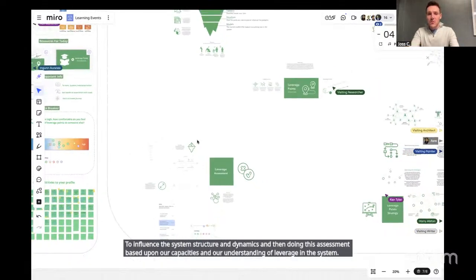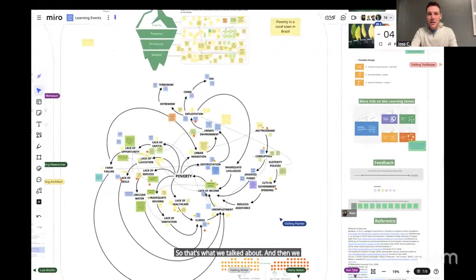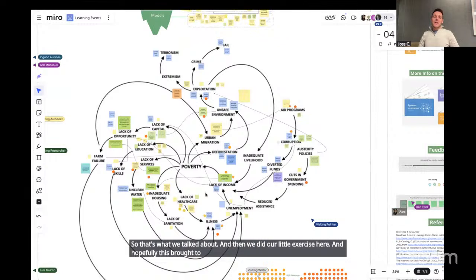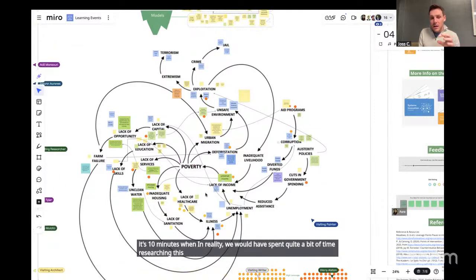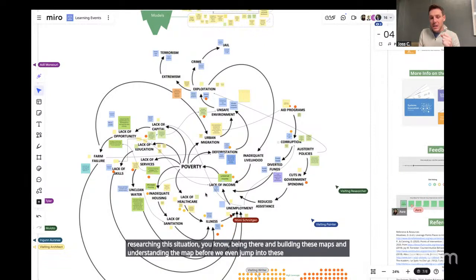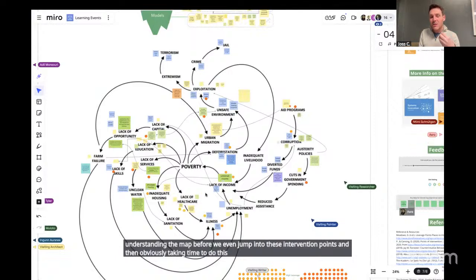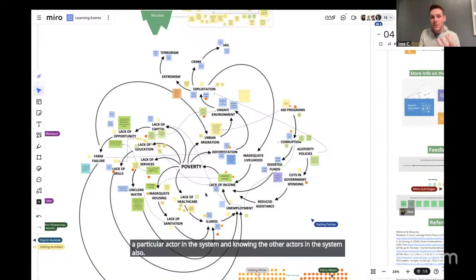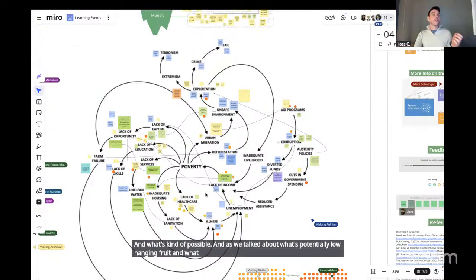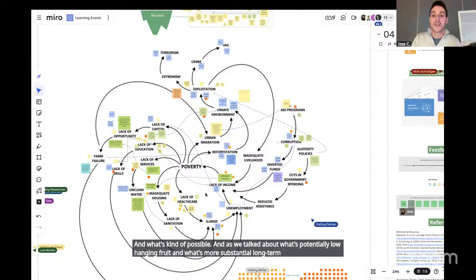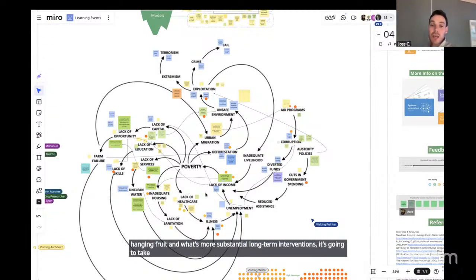So that's what we talked about, and then we did our little exercise here, and hopefully this brought this together for you. Of course, it's 10 minutes when in reality we would have spent quite a bit of time researching this situation, being there and building these maps and understanding the map before we even jump into these intervention points, and then obviously taking time to do this and negotiating and discussing and being a particular actor in the system and knowing the other actors in the system also, and what's possible, and as we talked about, what's potentially low-hanging fruit and what's more substantial long-term interventions that are going to take time, but are more systemic in the end.